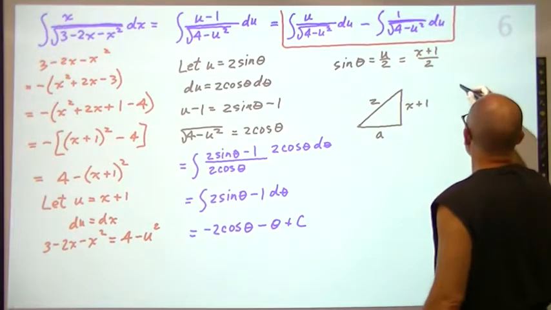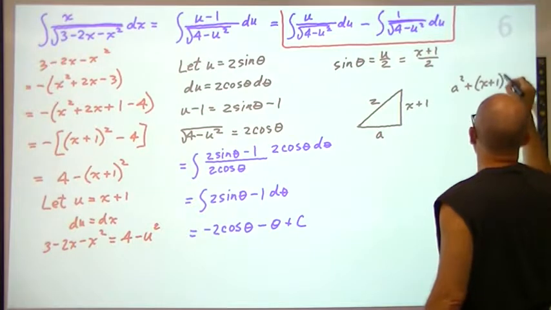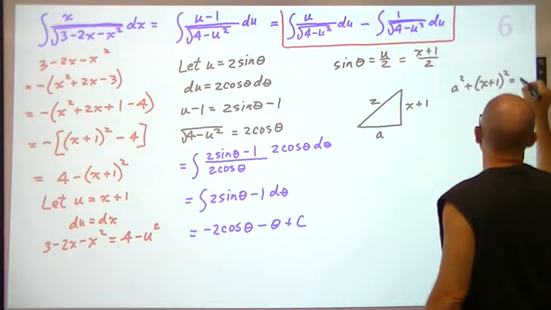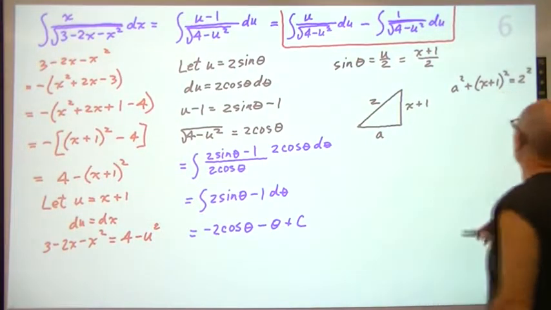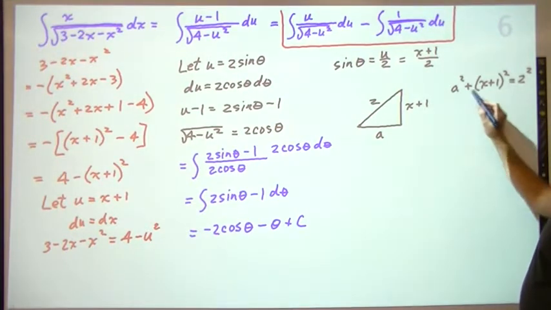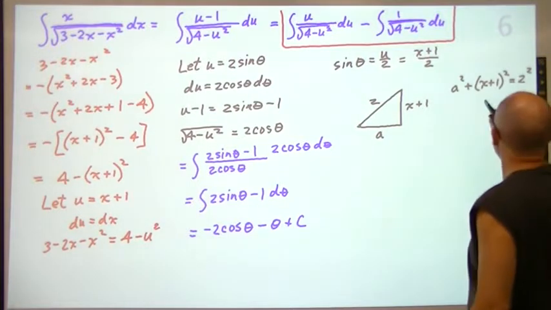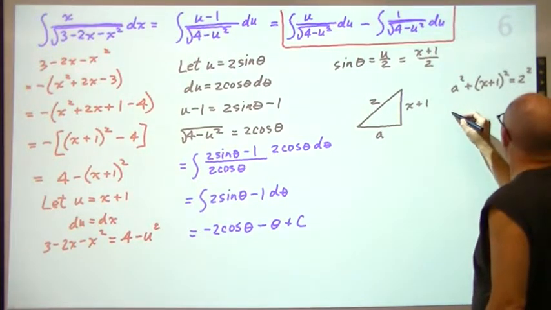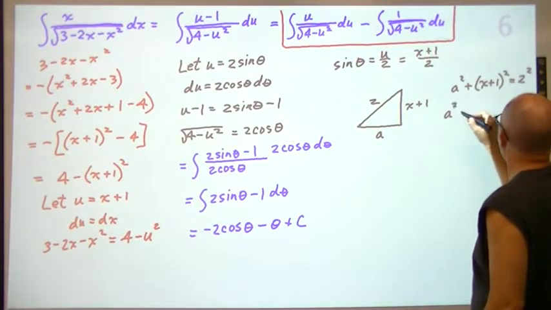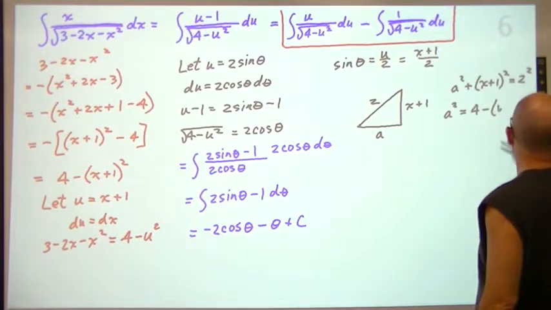And we know that a squared plus x plus 1 squared equals 2 squared. Side squared plus side squared equals hypotenuse squared. So what's a going to end up being? Well, a squared equals 4 minus x plus 1 quantity squared.